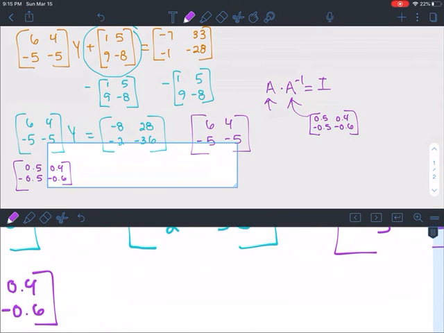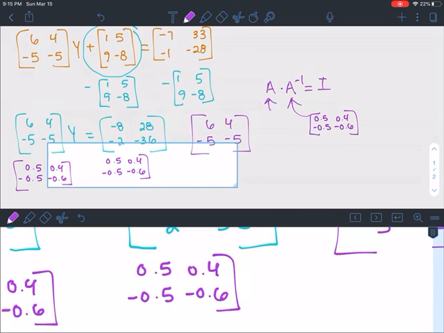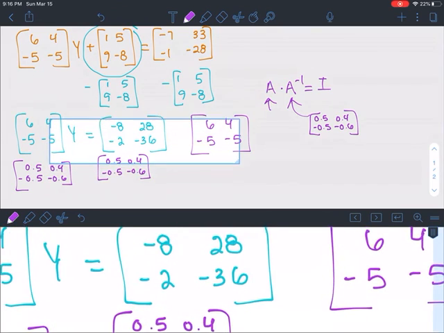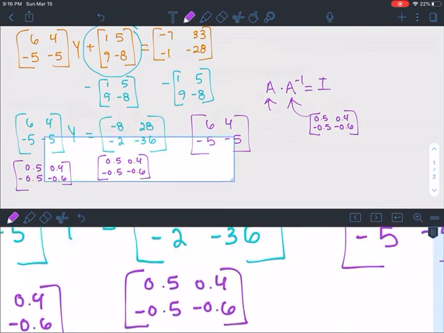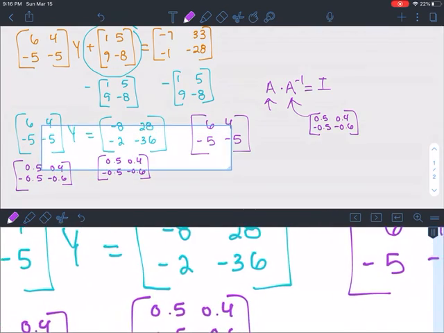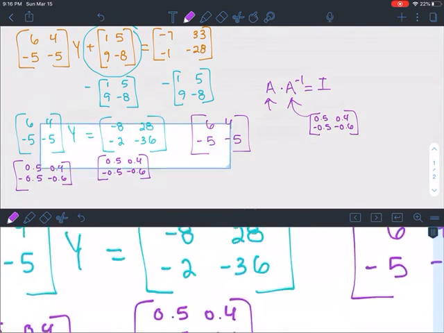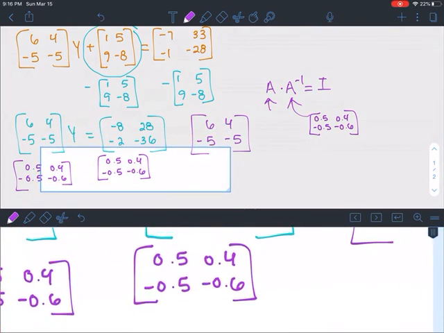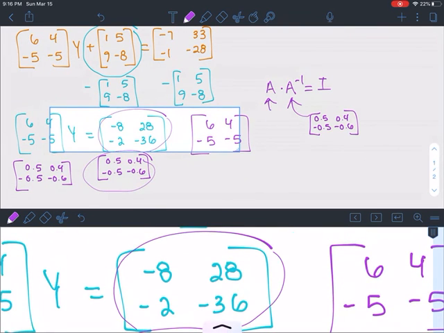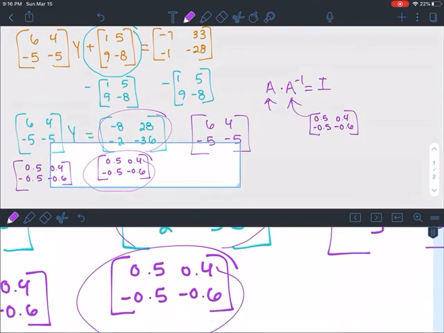So this side of the equation and this side of the equation both get multiplied by that. So my last step here is to just go ahead and multiply these two. So I'm going to multiply this guy by this guy.